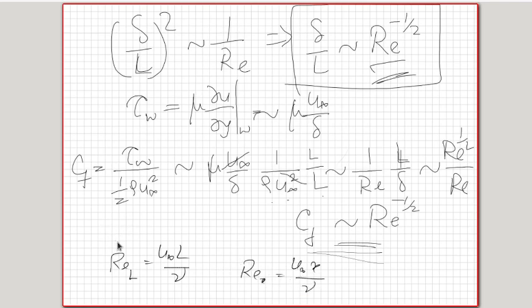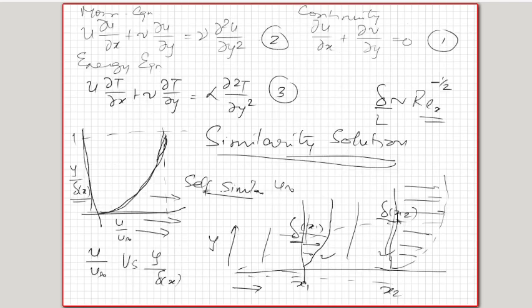Okay, so in the present case, if I look at the boundary layer at any location x, you write the delta of x. This delta of x would be, delta by x would be Re_x to the power of half.